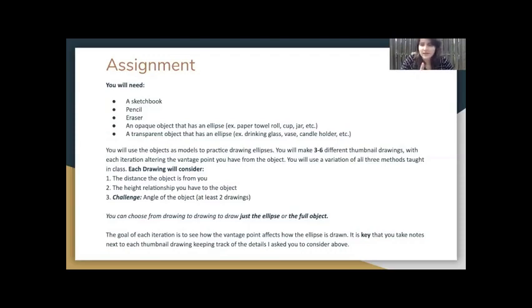And then again, for people who are picking this skill up quickly, I want you to draw the full object. Consider how to draw the ellipse using 1-point perspective. If it's eye level to you, are the perspective lines only going to go down, or is one going to go down and one's going to go up, right?